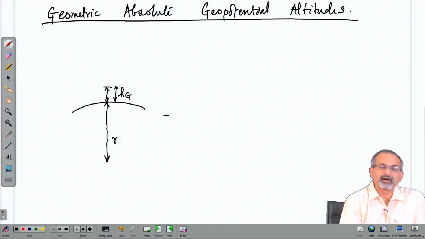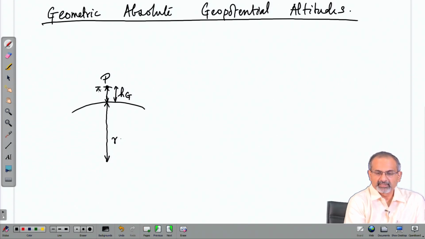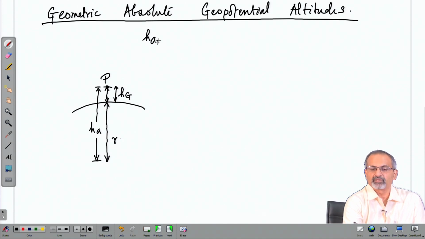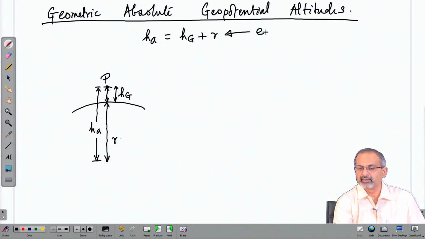It is the geometric height above sea level for a point P, which is within the atmosphere. If you say we are interested to know what is the absolute altitude, then absolute altitude is the sum of Hg plus r. Remember, r is the Earth's radius, again in a mean sense.